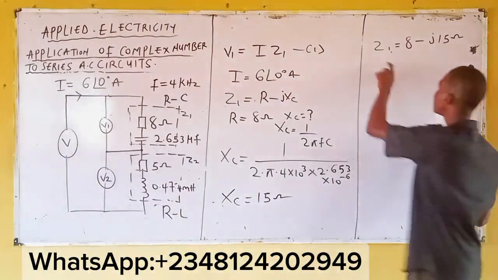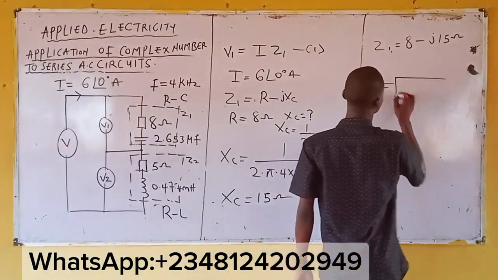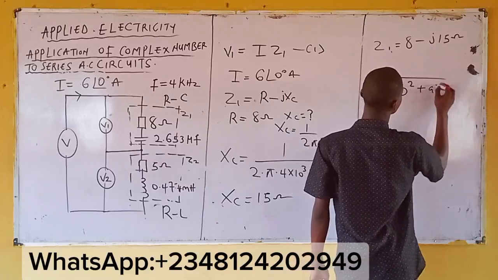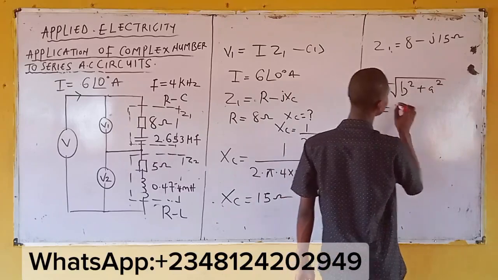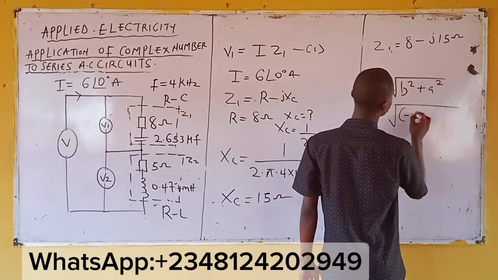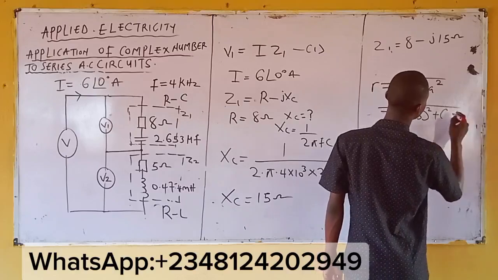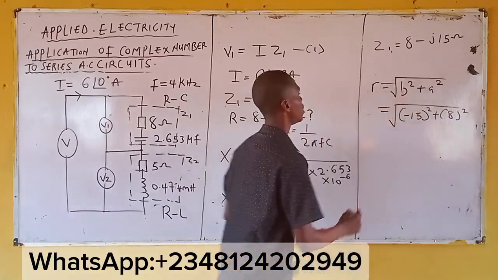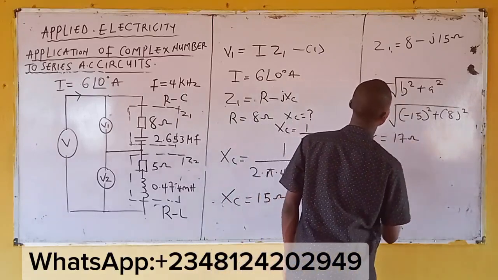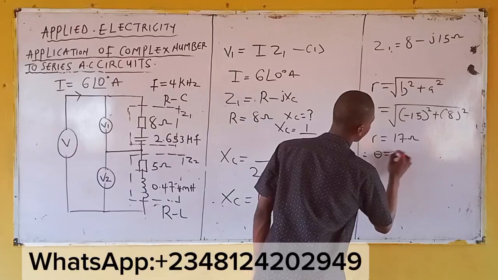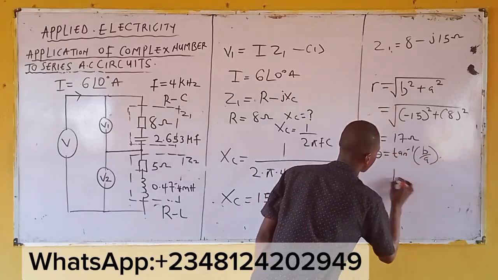Now, let's express this in polar form using the formula R equals square root of B squared plus A squared. What's our B? What's our A? Let's do this directly. That becomes negative 15 squared plus 8 squared, right? What's the answer? R is equal to 17 ohms. Then theta, which is tan inverse of B over A. Substitute.